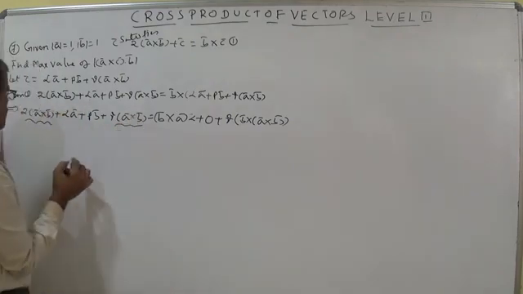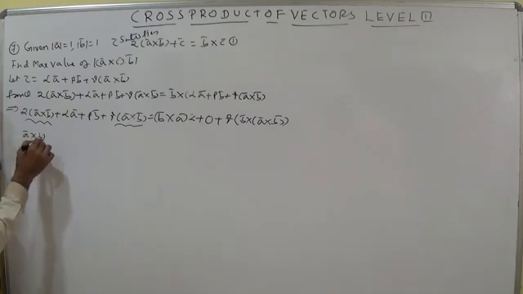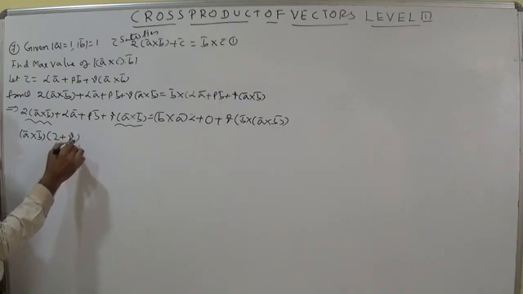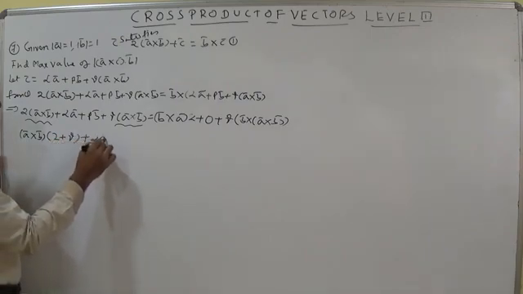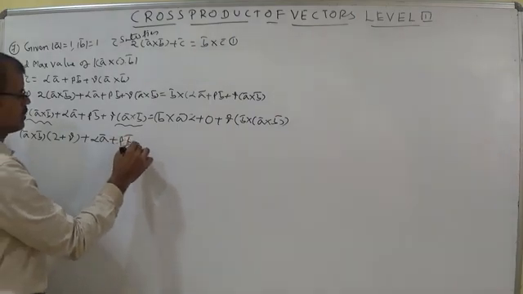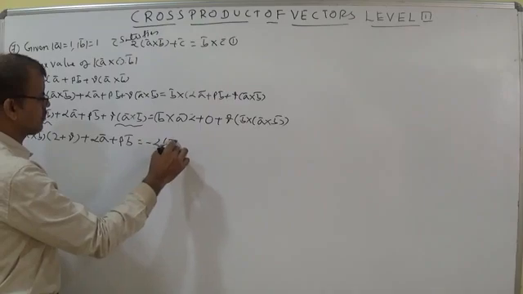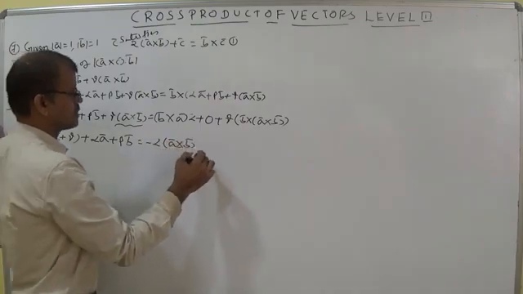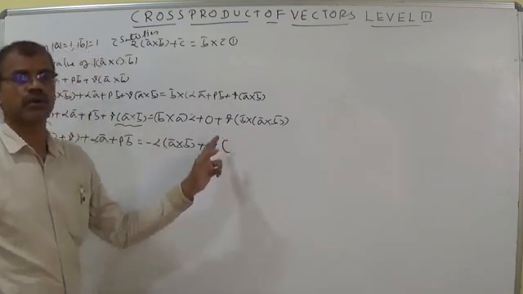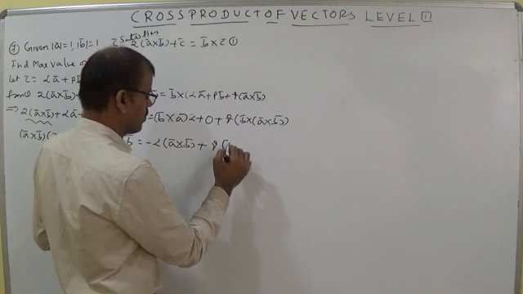So you can take common A bar cross B bar, then it becomes 2 plus gamma into A bar cross B bar plus alpha A bar plus beta B bar is equal to minus alpha into A bar cross B bar plus this one gamma into vector triple product, I said the formula.